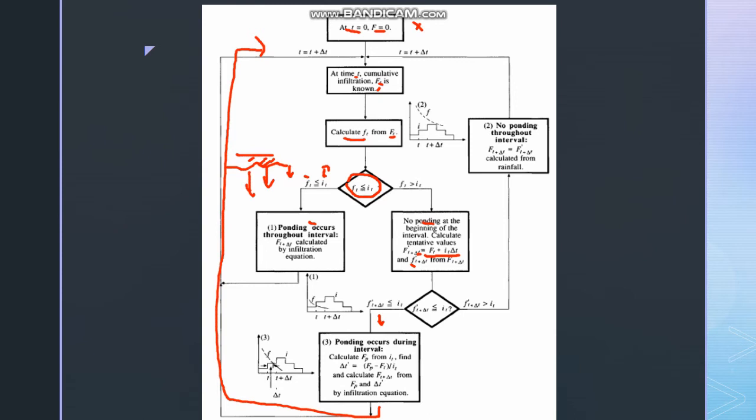If not, if the infiltration rate is still bigger than intensity, there is no ponding again, then we will calculate F at T plus delta T, and then we go to the initial position again. Then we add T plus delta T, start on this one, and take this F at T plus delta T as our initial condition.